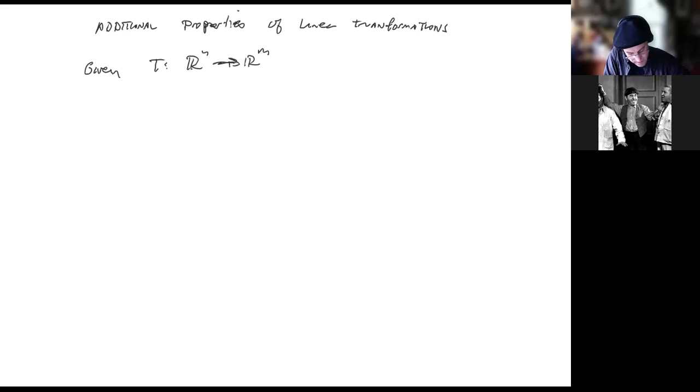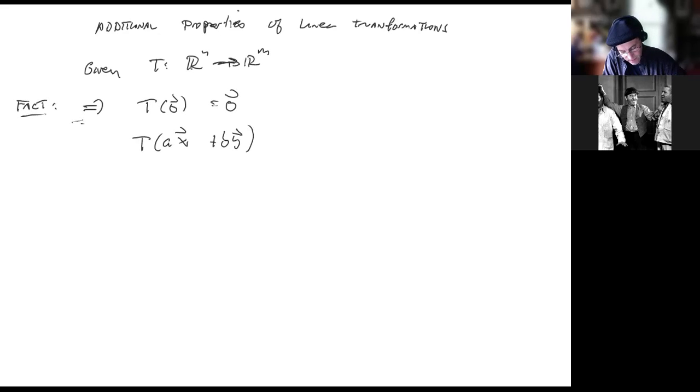Then this is the fact: T of the 0 vector is always the 0 vector, and T of aX plus bY, where these are scalar multiples of X and Y added together, is a times T(X) plus b times T(Y).